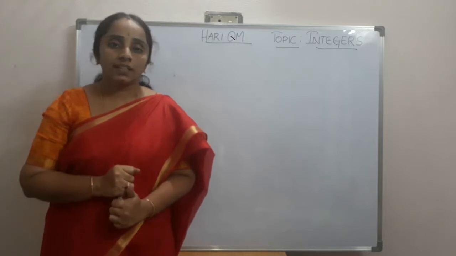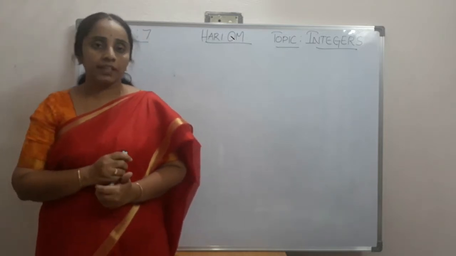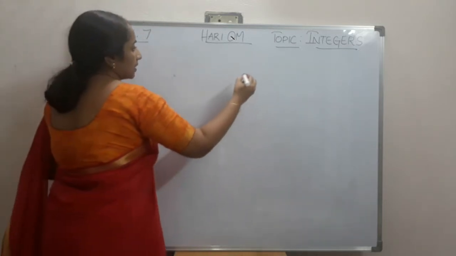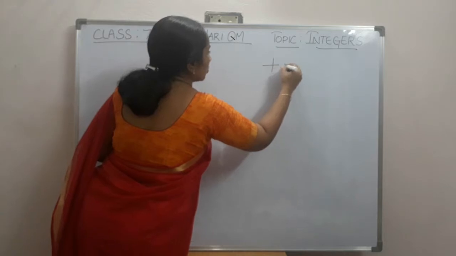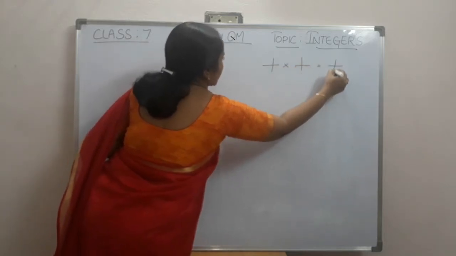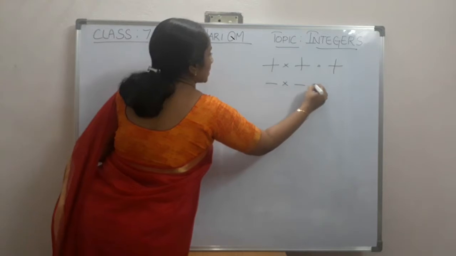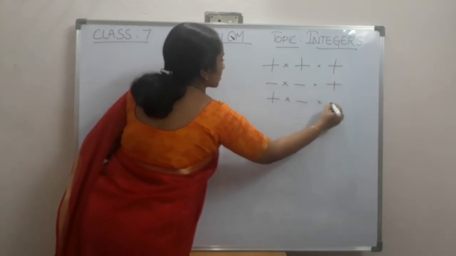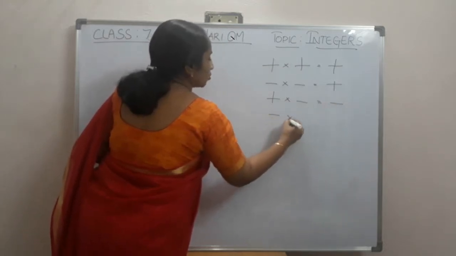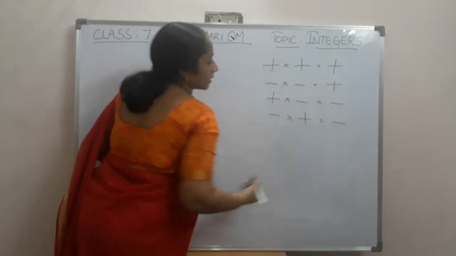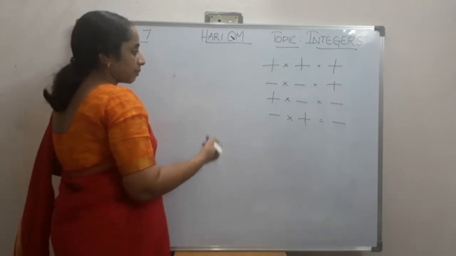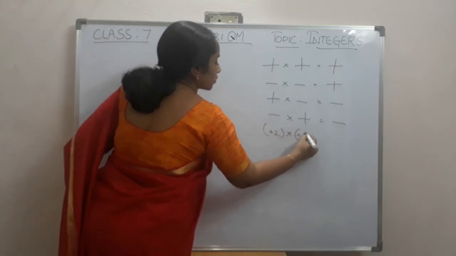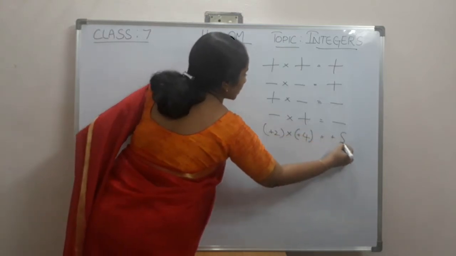In case of multiplication, as I already discussed in the previous class, plus into plus is plus, minus into minus is also plus, plus into minus is minus, and minus into plus is minus. For example, plus 2 into plus 4 is plus 8.